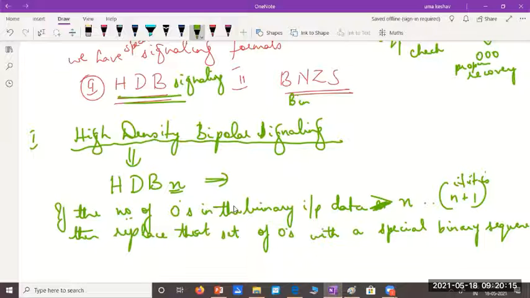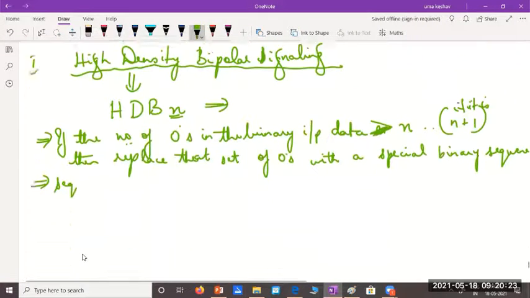Okay, and how do we choose the sequences? Please remember, you just make a note of these points, it would be useful.